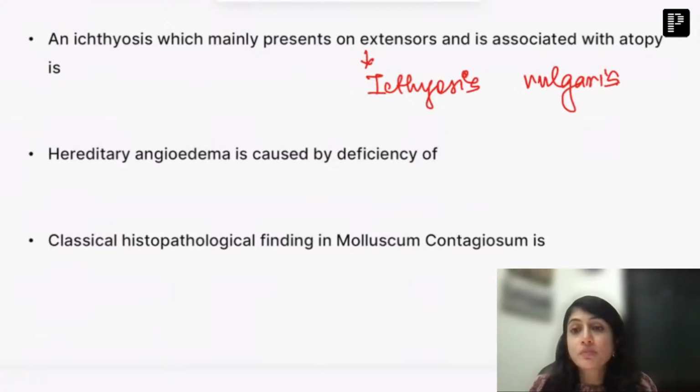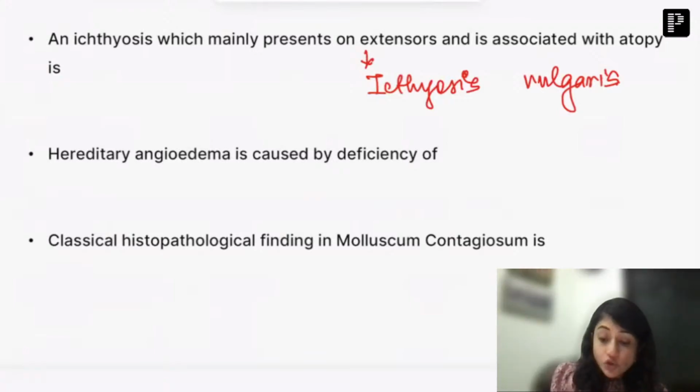Right, hereditary angioedema is caused by deficiency of C1 inhibitor. It is mainly a bradykinin-mediated disorder where you see angioedema, you can see recurrent colicky pains, and this is caused by deficiency of C1 inhibitor. The classical histopath finding in molluscum contagiosum.